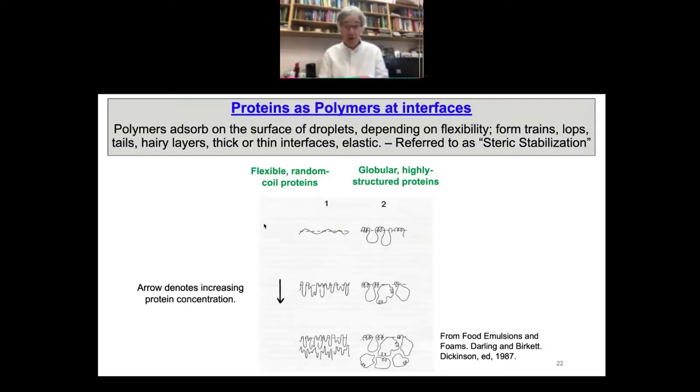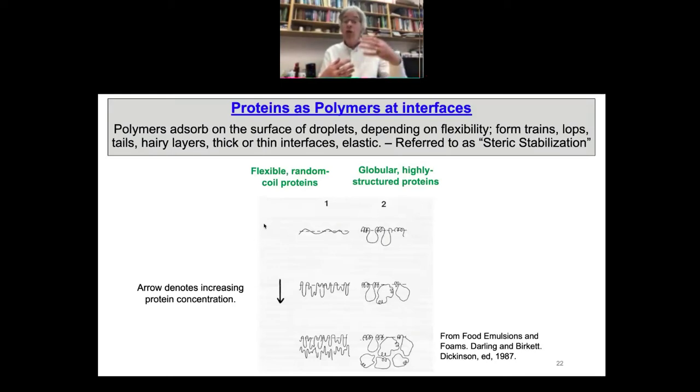So you do get a bit of an interfacial denaturation and rearrangement of a protein molecule so that it's moving its hydrophobic regions towards the oil phase and its hydrophilic regions towards the water phase.